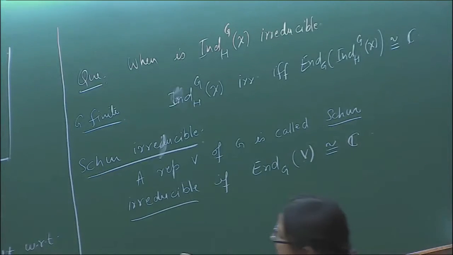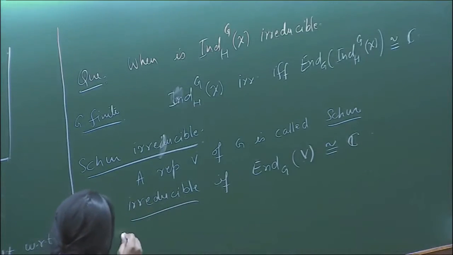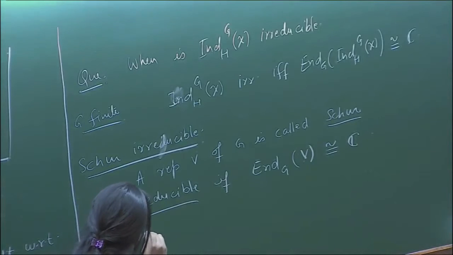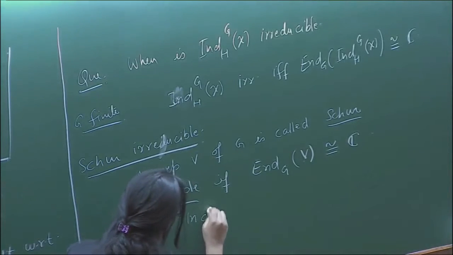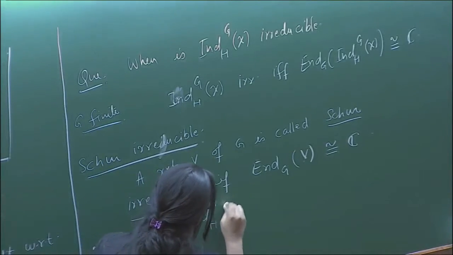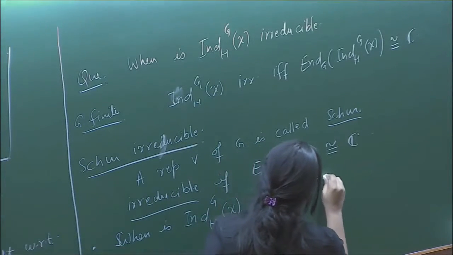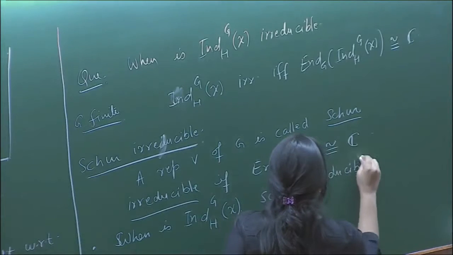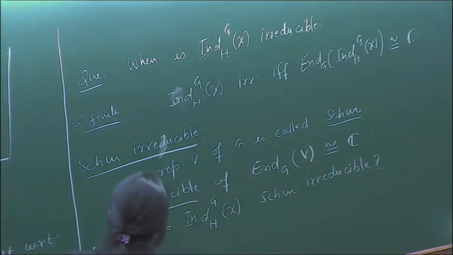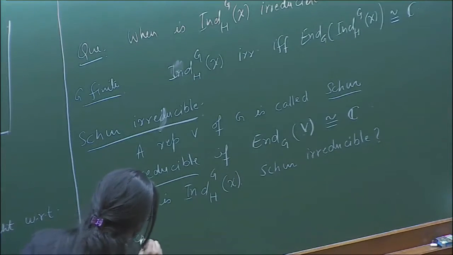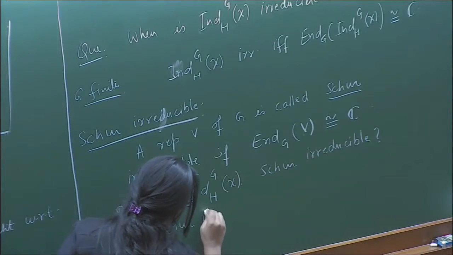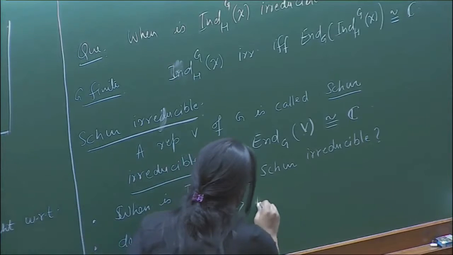So the questions that we worry about: when is this Schur irreducible? And does Schur irreducible imply irreducible?